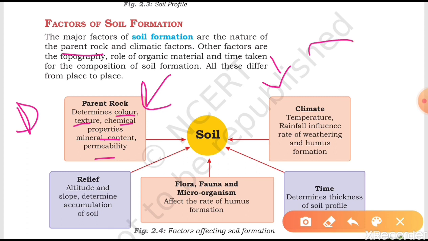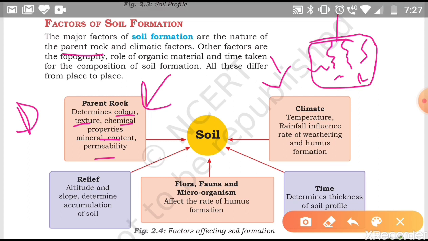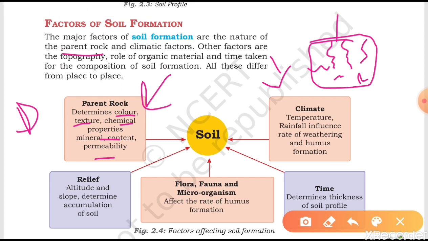Of course, very much. As I have just told you, very high or very low temperature creates cracks in the rocks, which further develop into weathered rock material and further into soil. So temperature, rainfall, rate of weathering, humus formation, all these are important factors of soil formation.